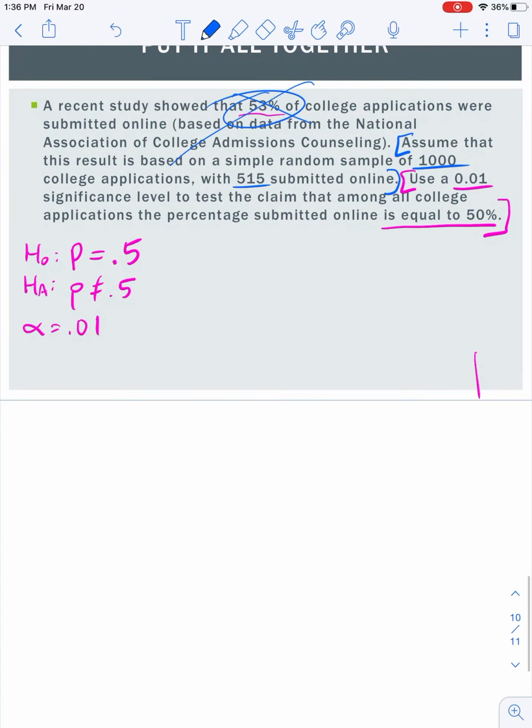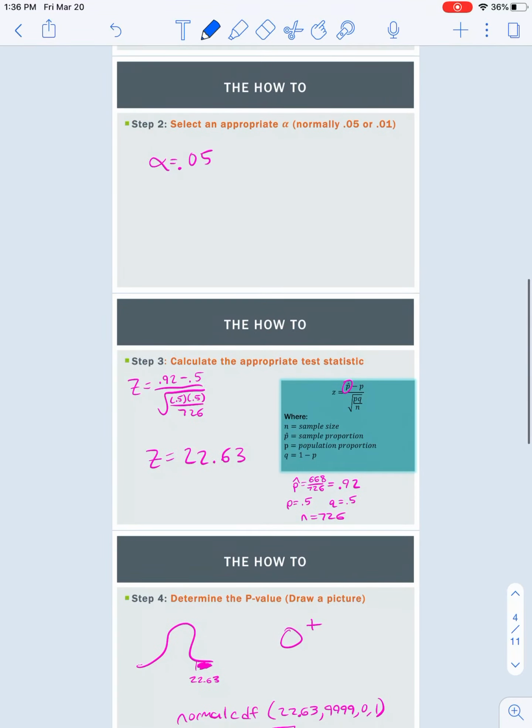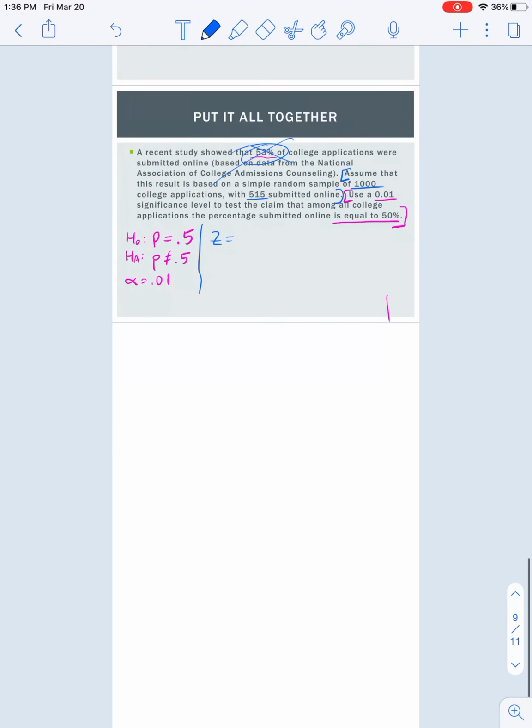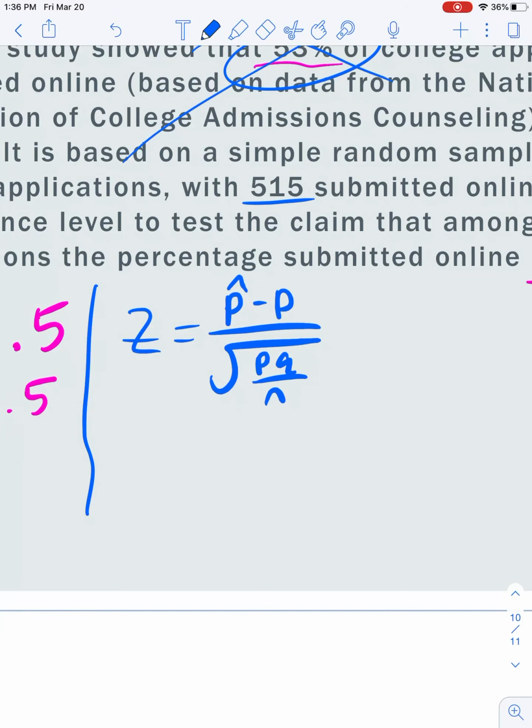So because it's a proportion problem, we're going to use z equals, and I'll go up and look at my notes from earlier because I need this: p hat minus p, divided by the square root of pq over n.